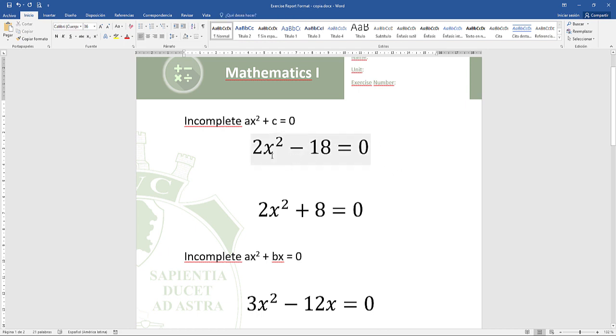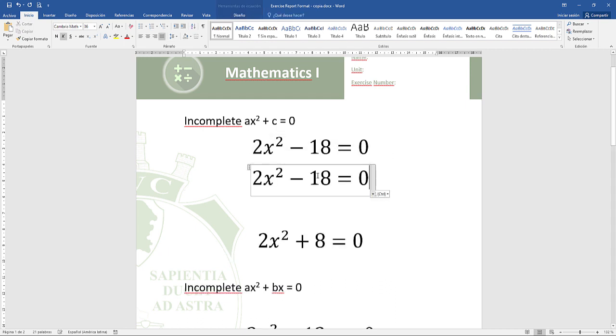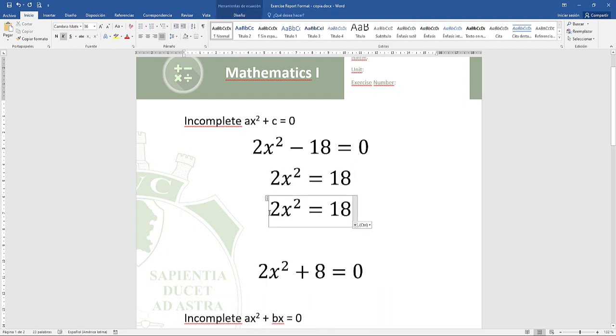When you have that kind of exercise, you need to clear, you need to isolate the variable. I will pass that to the other side, and that coefficient is multiplying, so we pass it dividing.